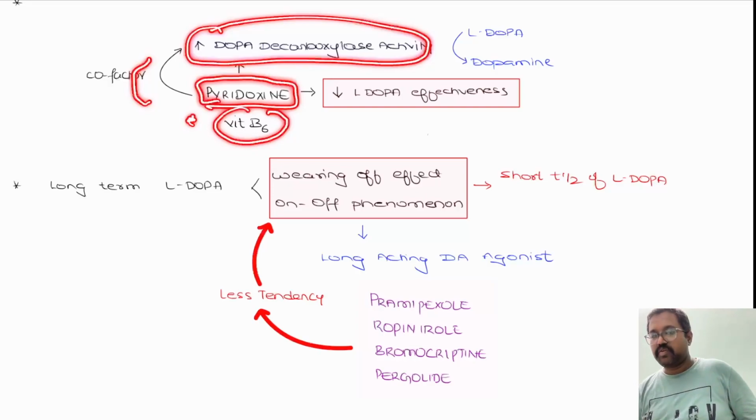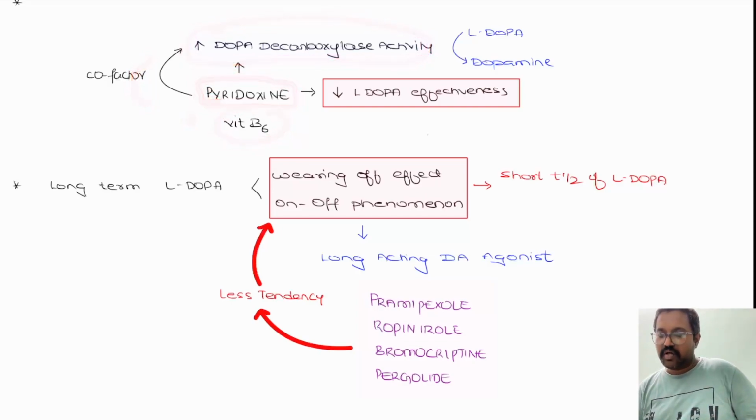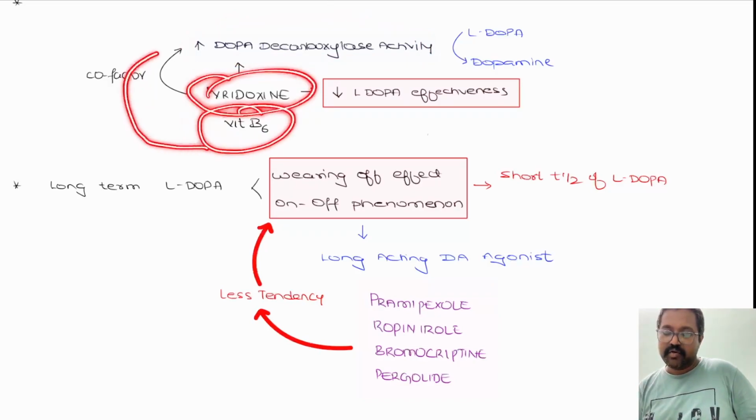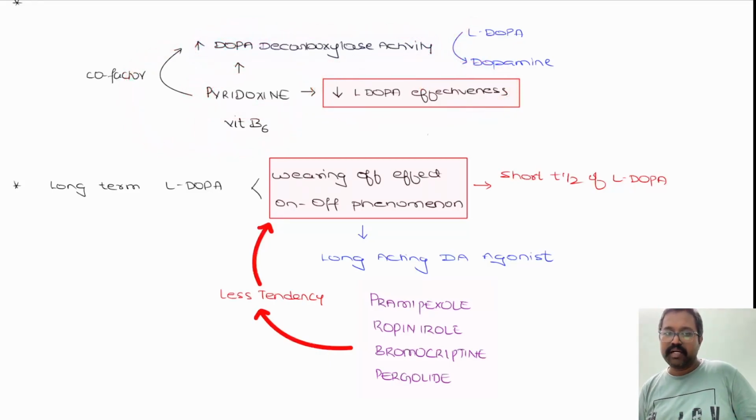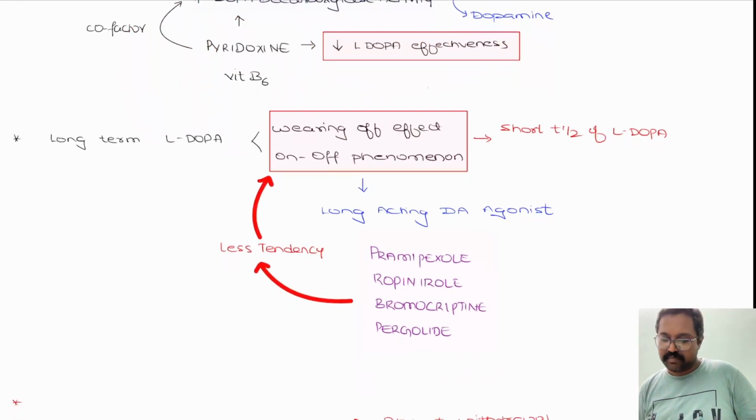The patient was put on levodopa, and simultaneously, because of a vitamin deficiency, he was put on vitamin B complex, and later there was a reduction in the beneficial effect of levodopa. So what could be the reason? All this vitamin B complex or pyridoxine, which is vitamin B6, is a cofactor which will increase the activity of dopa decarboxylase, and this increased activity will lead to conversion of levodopa to dopamine, which will lead to decreased effectiveness of levodopa in Parkinsonism.